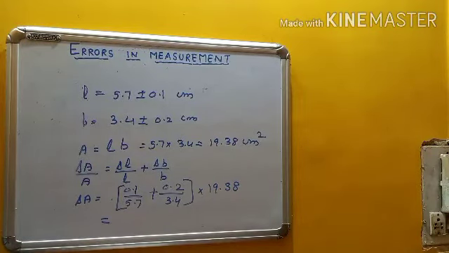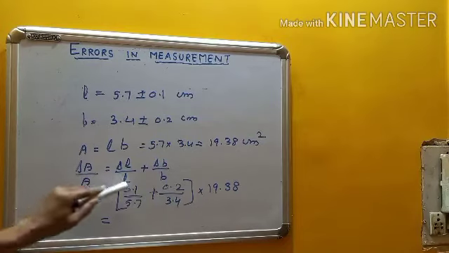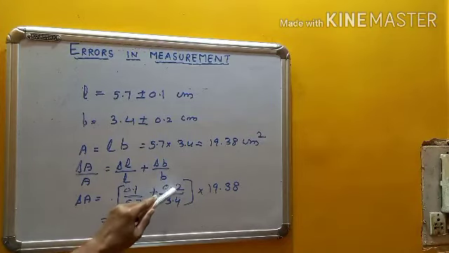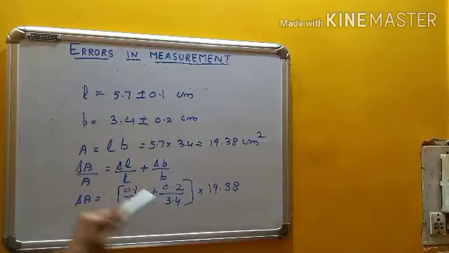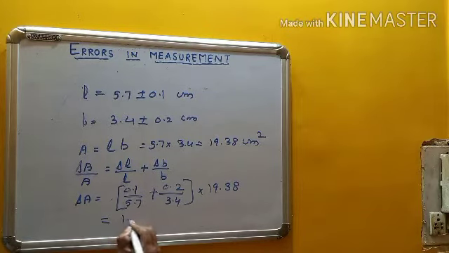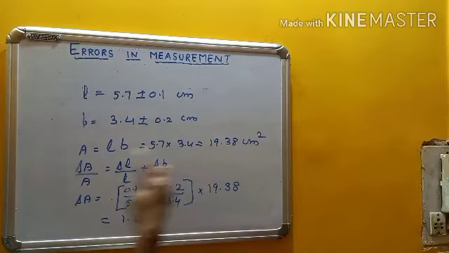From this you can calculate delta A: 0.1 by 5.7 plus 0.2 divided by 3.4, multiplied with 19.38. When you do that calculation, the final answer comes as 1.47, and nearly 1.5 you can write.